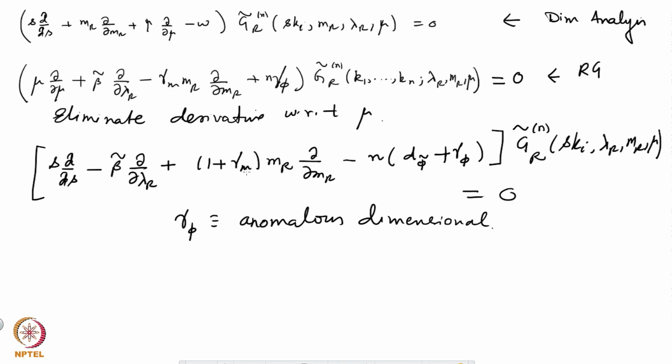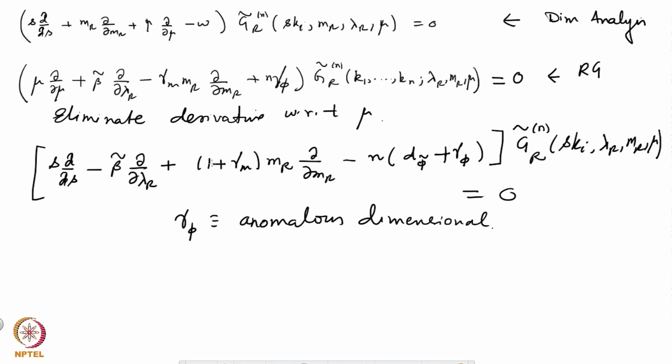So you see that if you had no renormalization, if there were no infinities, then gamma m would be 0. If you go back and look at the definition of gamma m, you will see that it involves the derivative of z, and z to the lowest order is 1, so that will be 0. So in the absence of renormalization, this term would be just mr del over del mr.